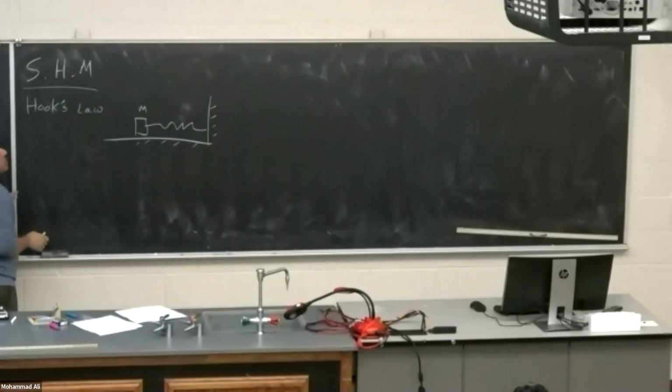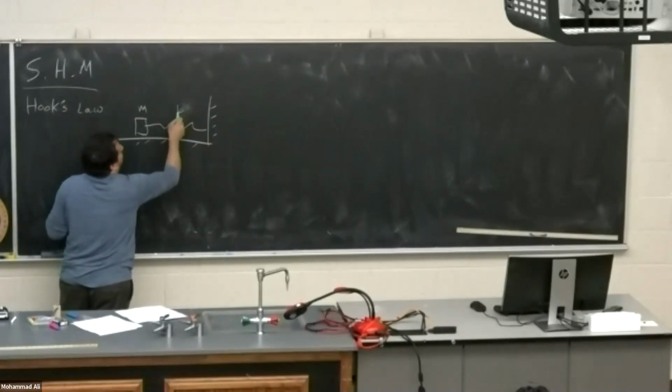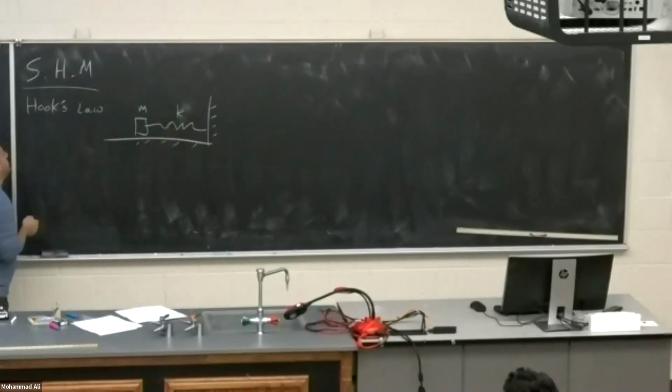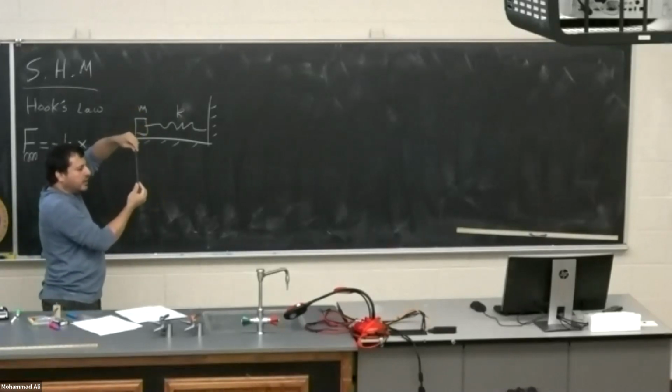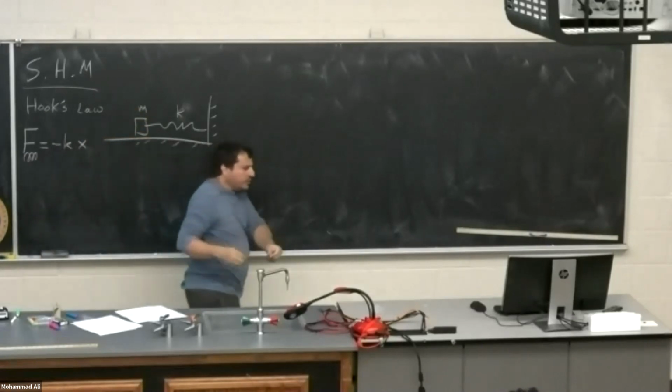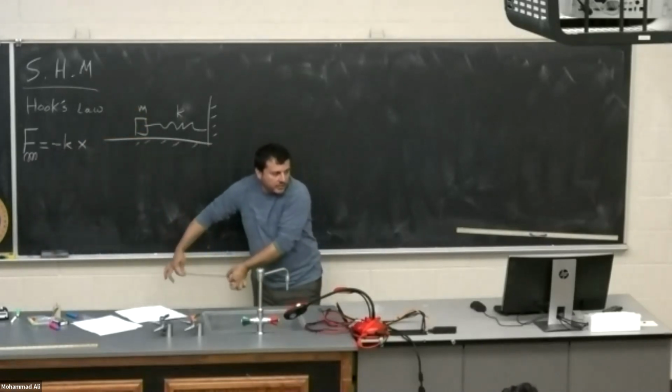Hooke's law is talking about the force of the spring, which is equal to negative k, the spring constant, multiplied by the distance x, which is the compression. As you see here, I have in my hand a spring. I don't know if you can see it.